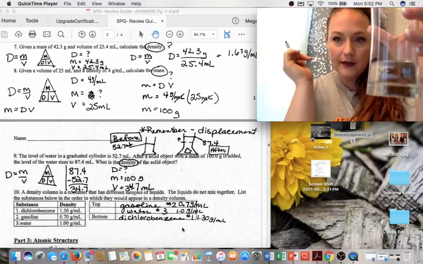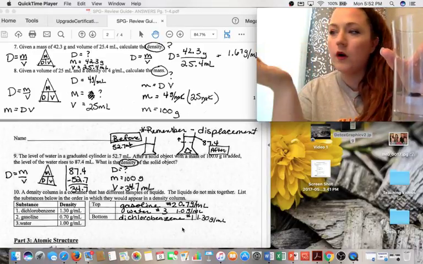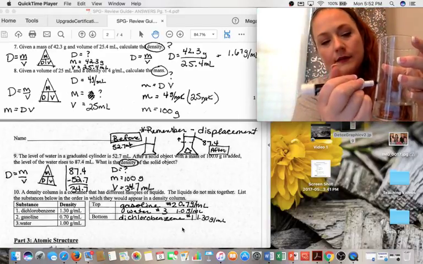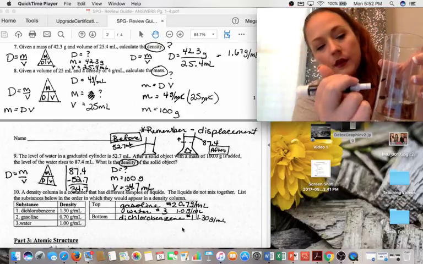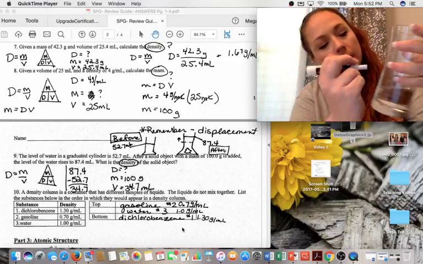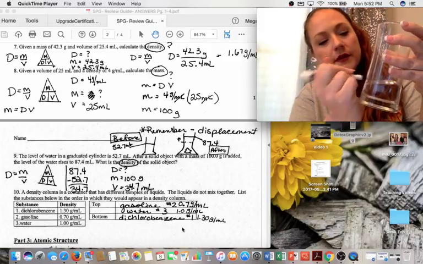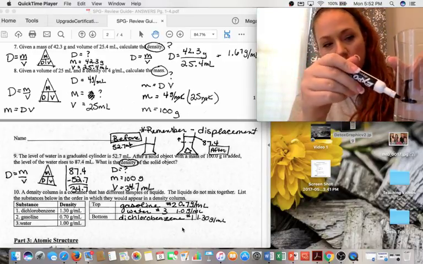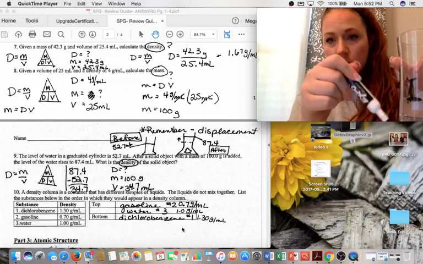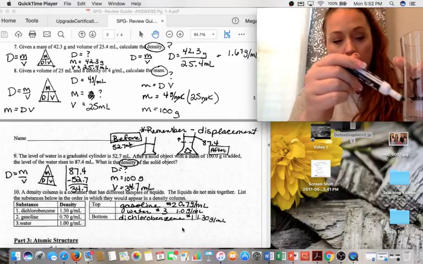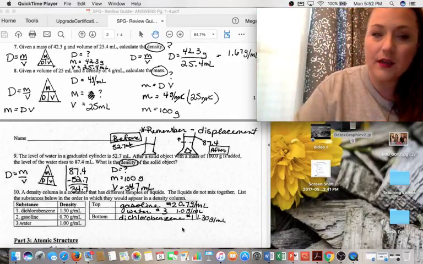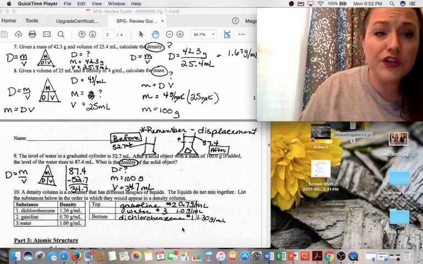So if I added metal, or some substance, to this, and it made the line rise to here, this, my awesome drawing, I know, so amazing. That difference between your starter, your initial, and your final, you want to take your final minus your initial, and it will give you the displacement of your substance.